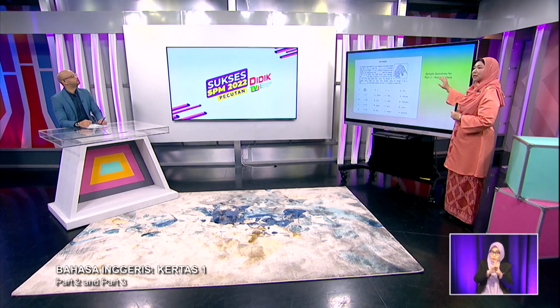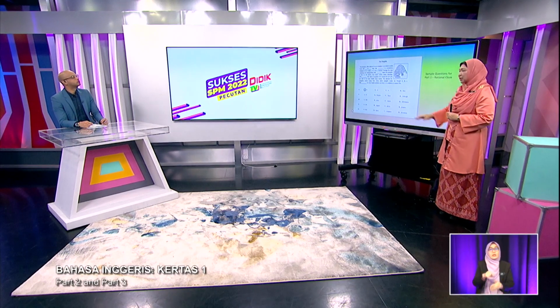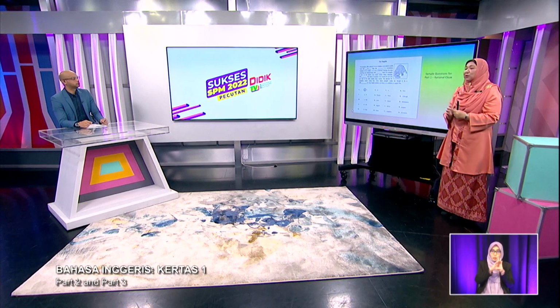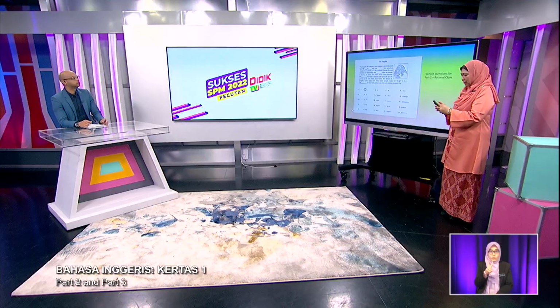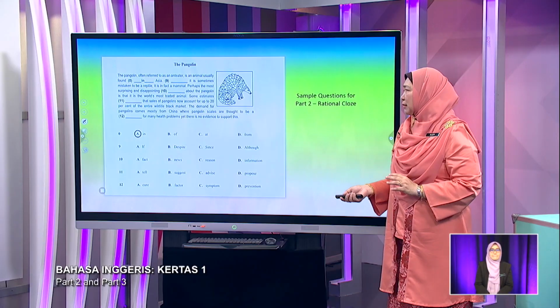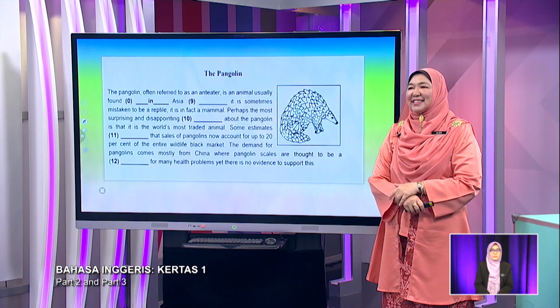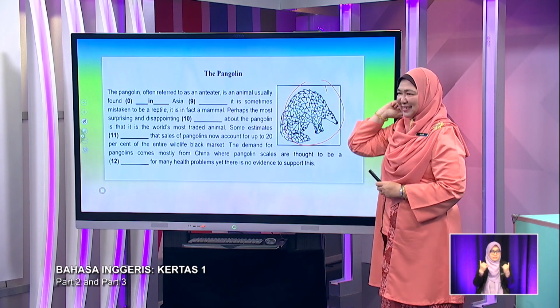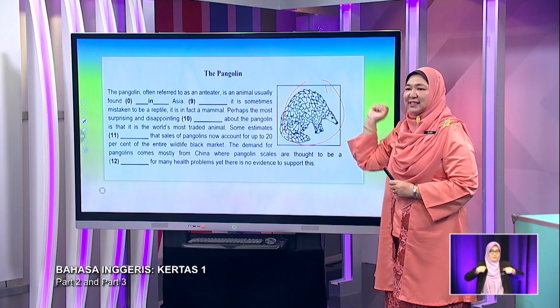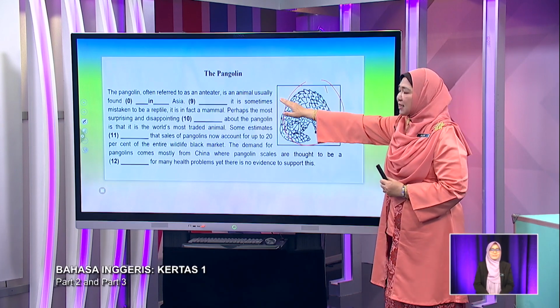This is the sample question for part 2. This will be the layout in the paper. I'm going to make it bigger. It is about this animal, the pangolin. So this is the text.